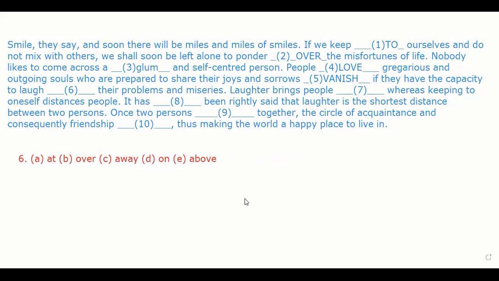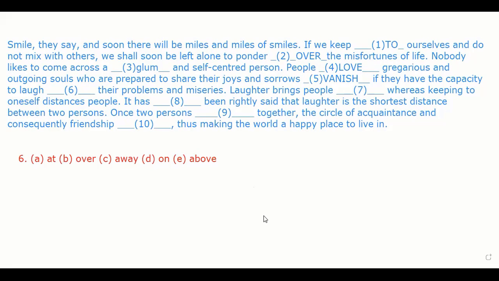To read it fully, I want Abhinav to read it fully from people, love, gregarious, and see how it comes. Abhinav, are you there? Yes, sir. Read from this, people, love, gregarious, and then make sense of what it should be.